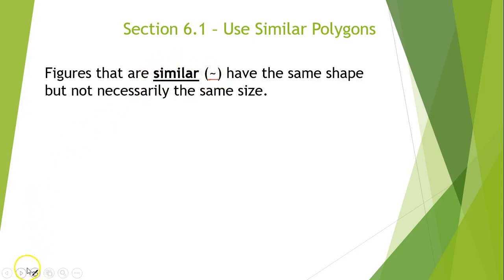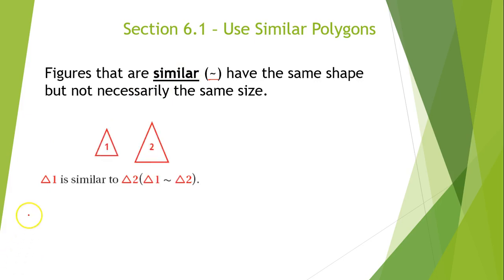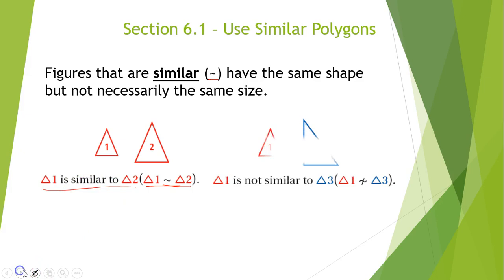Okay, let's look at these examples here. In this one, it says triangle 1 is similar to triangle 2, and this is how you denote it right here. That means the same thing as this statement right here. Compare it to these two triangles.